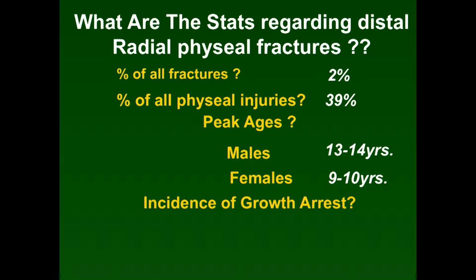Okay, and so we're always concerned when we have an injury of the physis. Everybody says you're going to be really concerned about physeal growth arrest. Since this is the most common physeal fracture, what is the incidence of growth arrest? 4%. Well, it's about 4%, correct, very good.